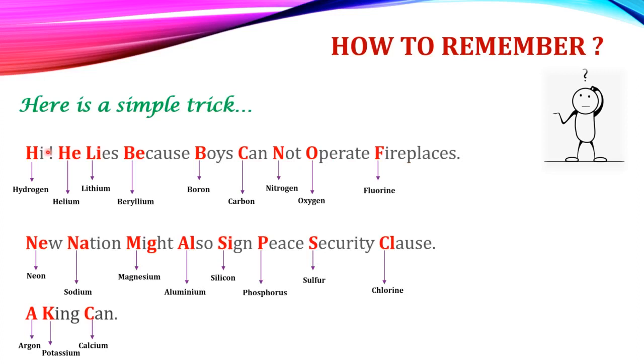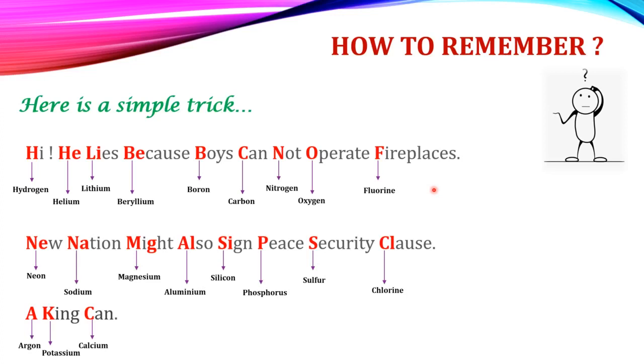From here, you can get all the elements from hydrogen till fluorine. In "hi", the H stands for hydrogen, then helium, lithium, beryllium, boron, carbon, nitrogen, oxygen, and fluorine.